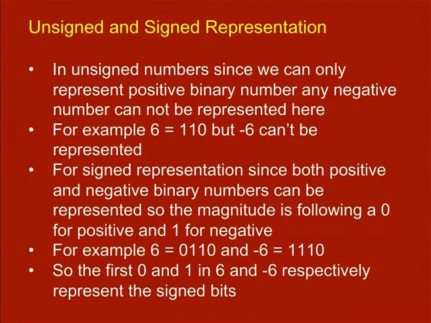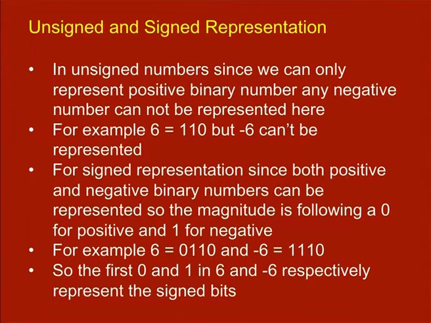For example, if we take 6, then the corresponding binary number is 110, but if we take -6, then it cannot be represented by the unsigned representation. But for signed representation, since both positive and negative binary numbers can be represented, the magnitude is preceded by a 0 for a positive binary number and 1 for a negative binary number.